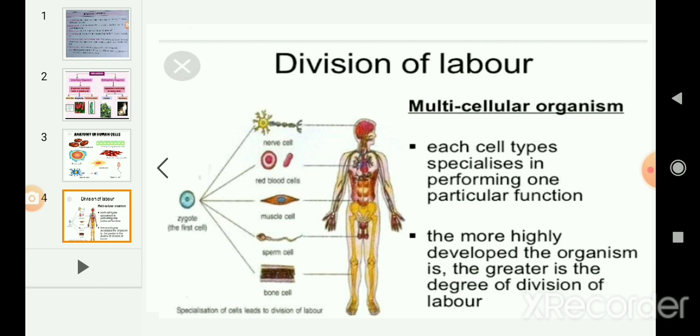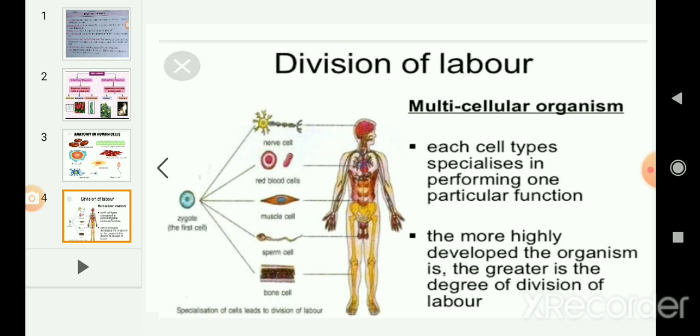A single cell can perform all important activities by itself, but its components, what are those components? Those components are called organelles. These cell organelles you will find in the cytoplasm. They will exhibit a division of labor. For example, mitochondria.